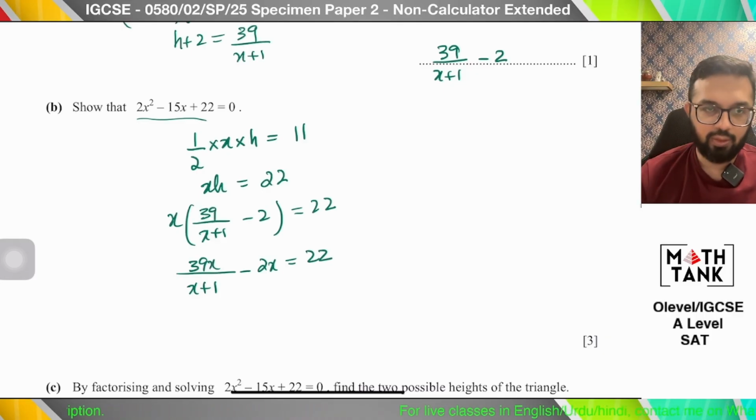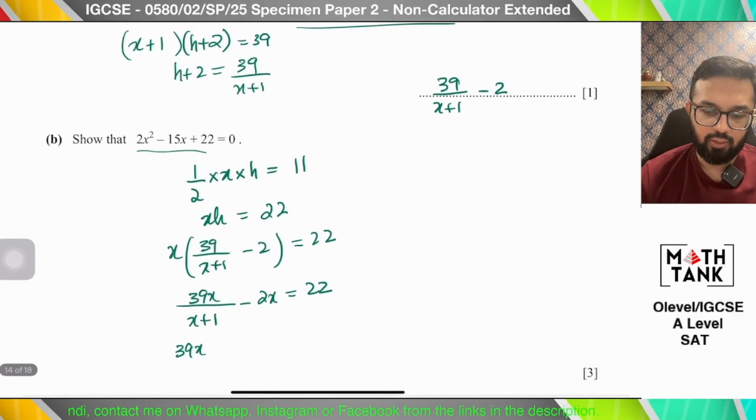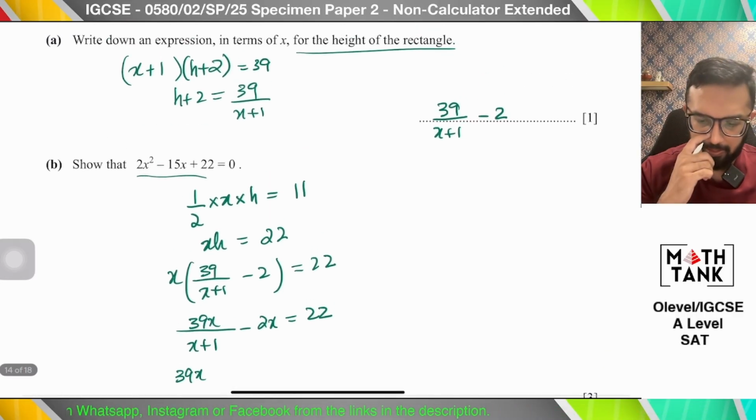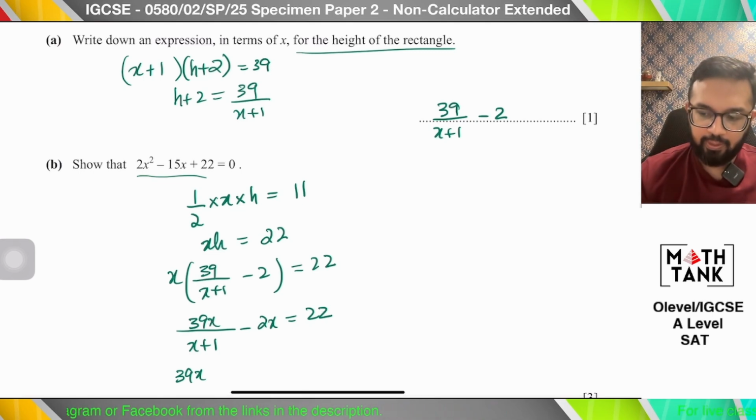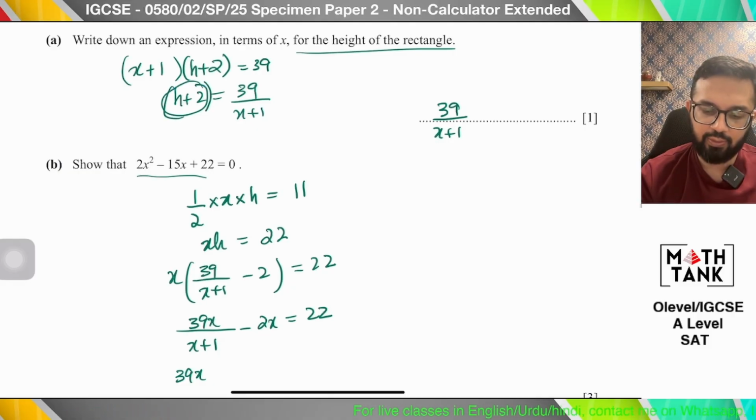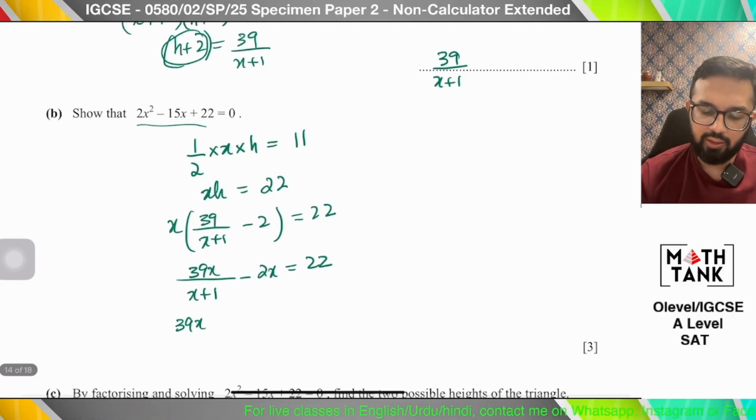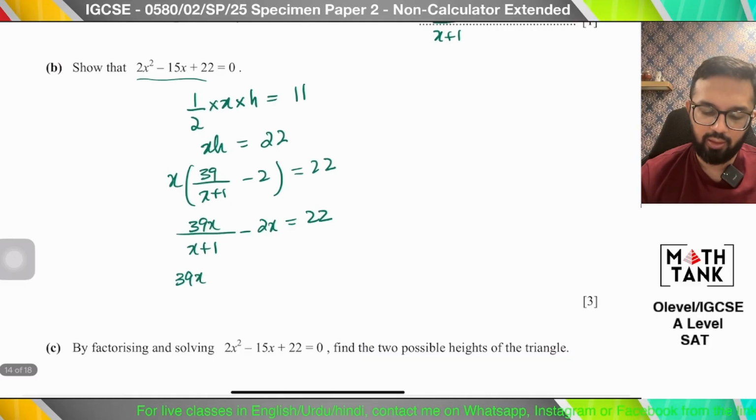Okay, and there are two ways of doing this. Okay, there's a mistake here. I just wanted the height of the rectangle. So the height of the rectangle is h plus 2. I would do that, but in case I'm using h in the next thing, I would have to do this.